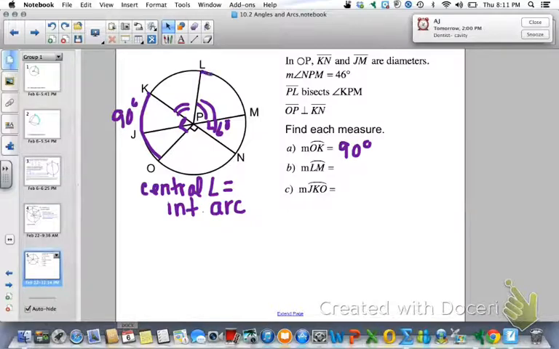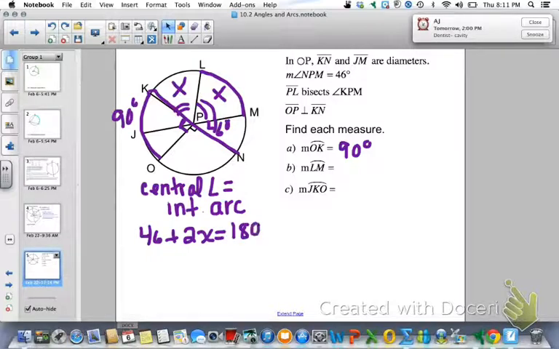Now, let's look at how we find this arc right here, LM. Notice that 46 plus this LPM plus this LPK have to add up to this diameter right here. So that means they're going to add up to 180. So since these two angles are equal, I'm going to call them x. So I can make an equation that says 46 plus 2x equals 180.